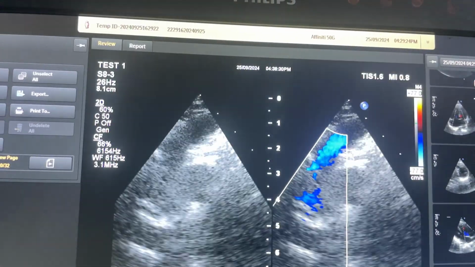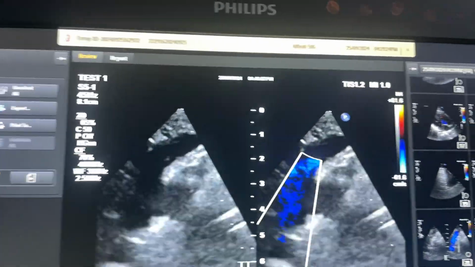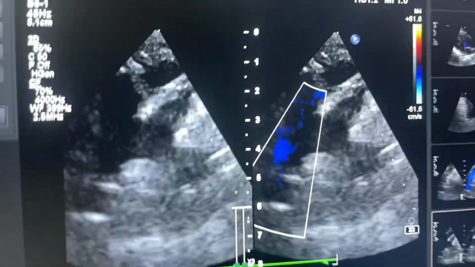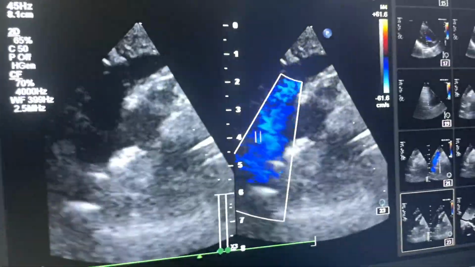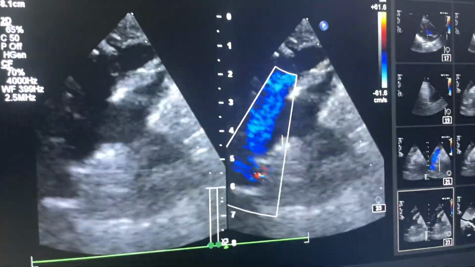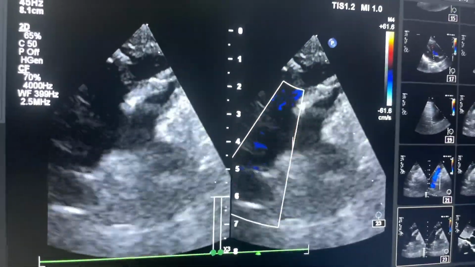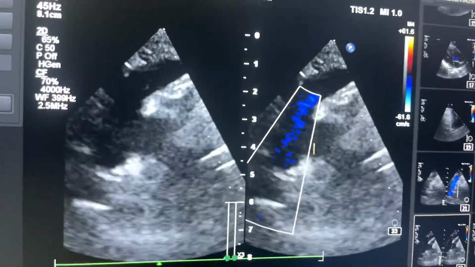This is Glen shunt. This is SVC. This is right pulmonary artery. This is Glen shunt, and this portion indicates flow in aorta. It's red color. Thank you.